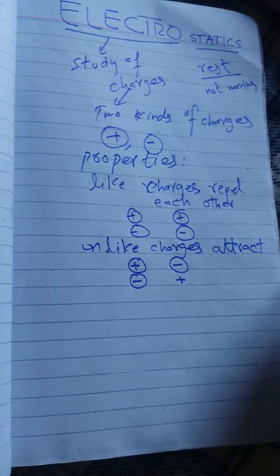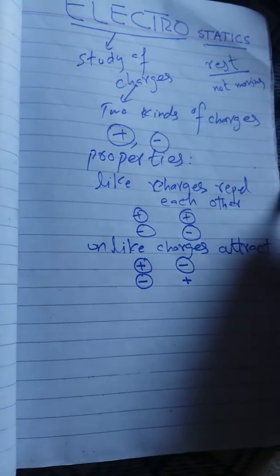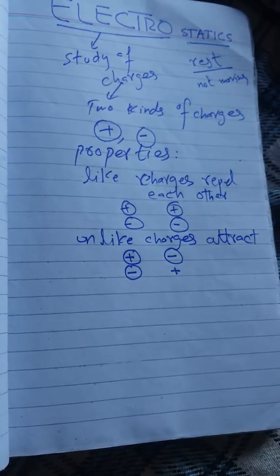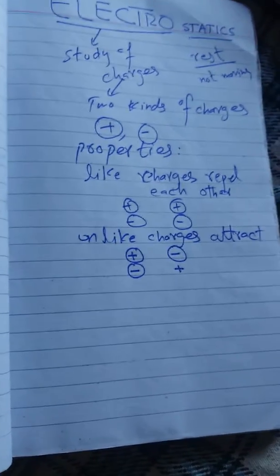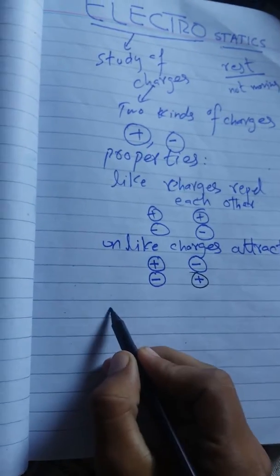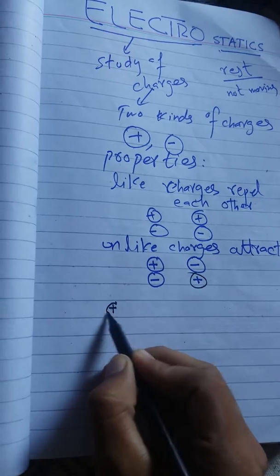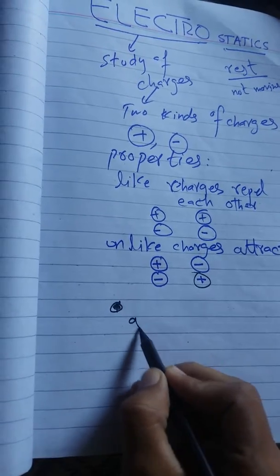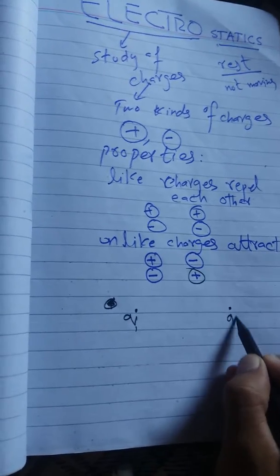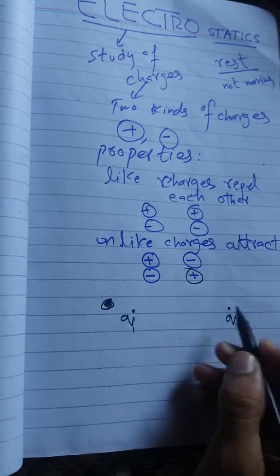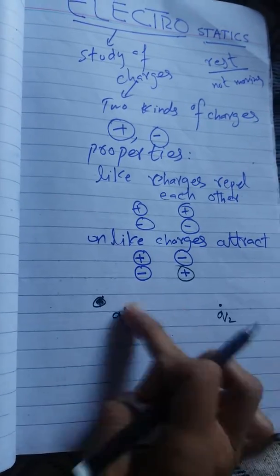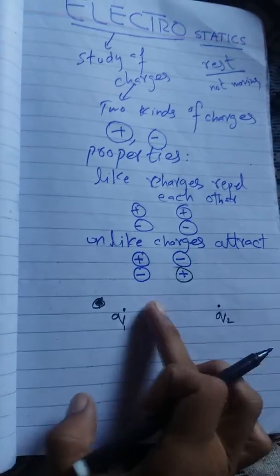Now the question is, how do they repel and attract each other? They repel and attract each other by electrostatic force. Suppose that I have a charge Q1 and the other charge is Q2. Both are of any kind of charge, either positive or negative, but they apply some force on each other.